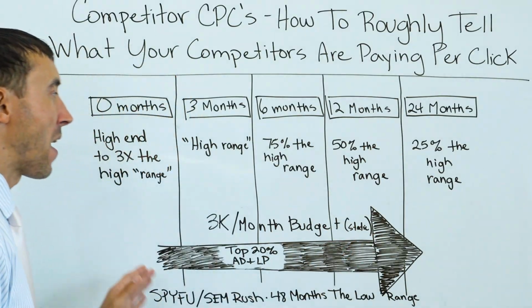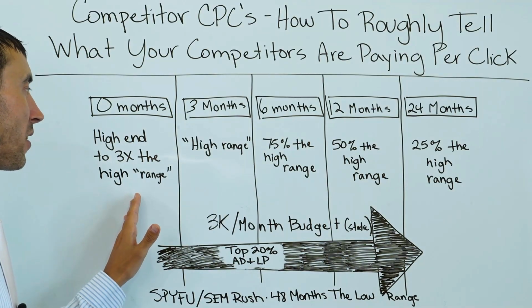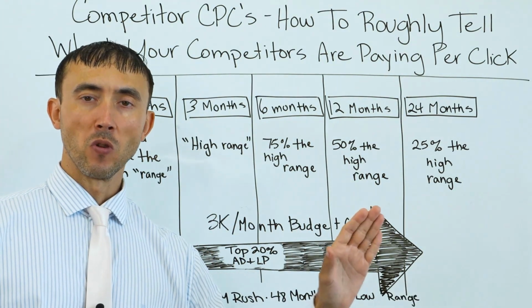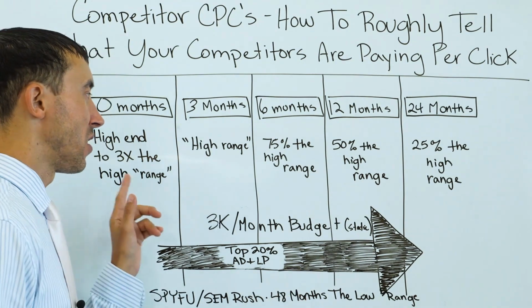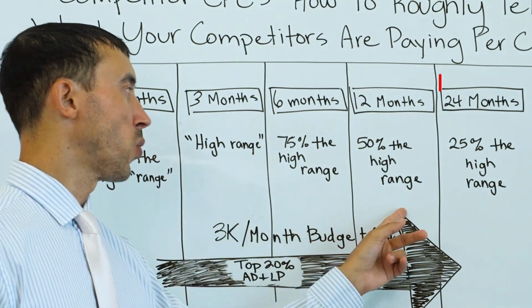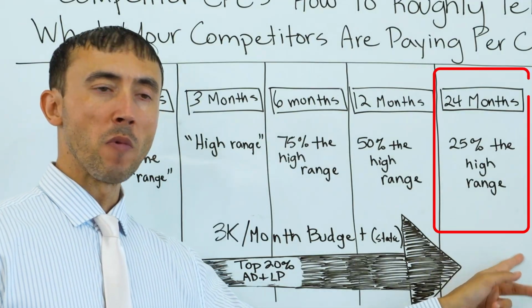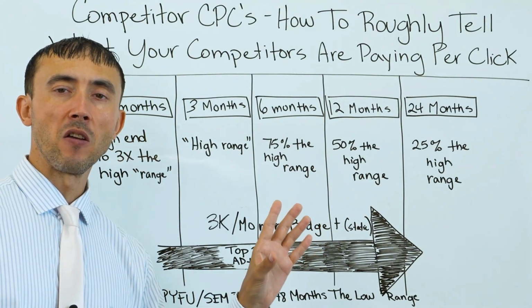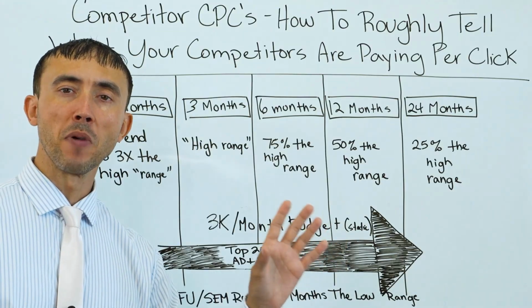For that matter, what you pay per click at the beginning, and what your competitor pays per click at the beginning, which is why I'm going through this, is going to be different than what they're going to pay 3 months in, 6 months in, 12 months in, 24 months in, and then 48 months in, assuming that they have a fairly low starting budget starting out.